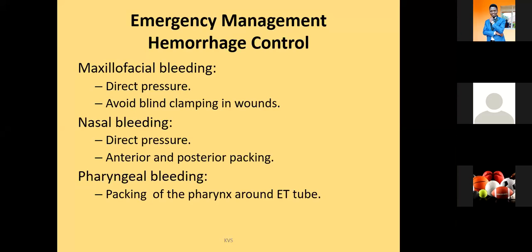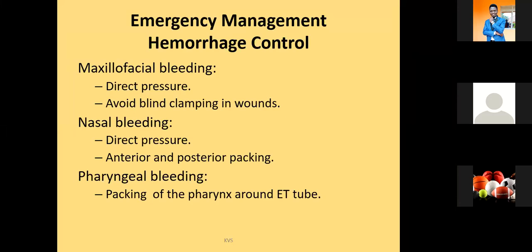Try to clear the site of any excessive blood clots or direct bleeding, and then you see where the blood is coming from. And yeah, you may be able to clamp a bleeding vessel when you are able to see. If you clamp blindly, you miss it, then the bleeding continues, or you cause damage to other structures, which is not necessary.